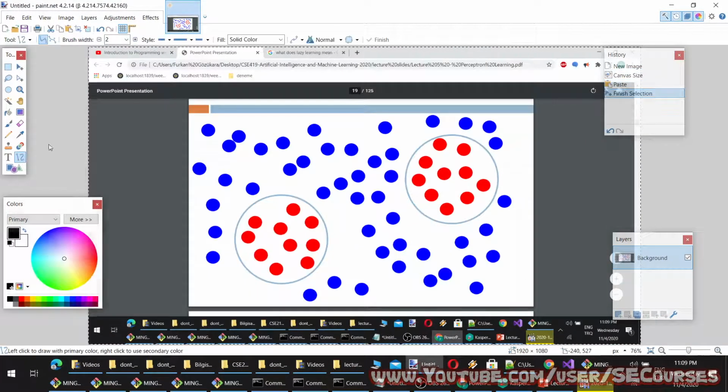Okay. So, okay, a line is something like this. Can you separate this data with a single line? Wherever I put my line, it is impossible to separate blues and reds.